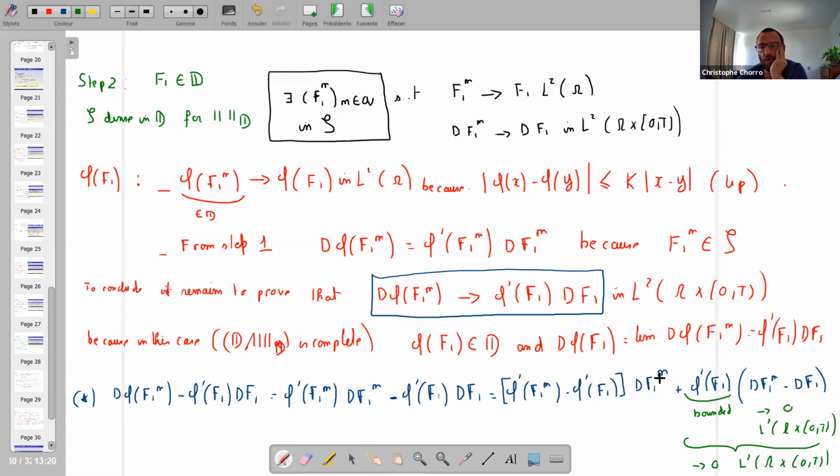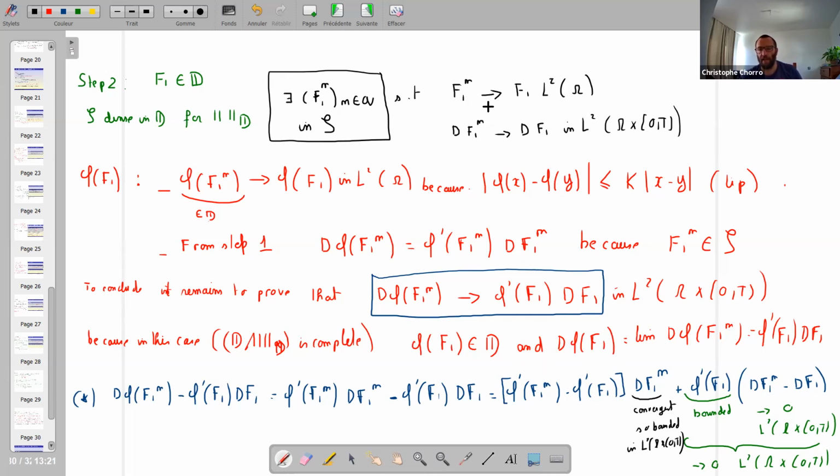D of F1n is convergent in L2 of omega times 0 capital T, so it is bounded in L2 of omega times 0 capital T. Convergence implies boundedness. So it remains to check what happens for the other one.